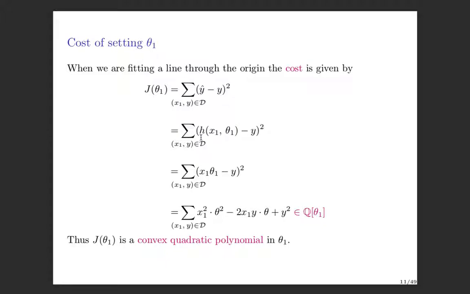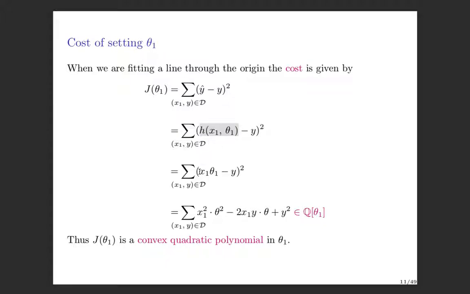So I can write it like this. If you find a slope, you give your slope to the hypothesis function, which sets the line, and then I run through the data and I sum all the errors along all of the data and square it. I can simplify this expression because this hypothesis function is just a line through the origin.